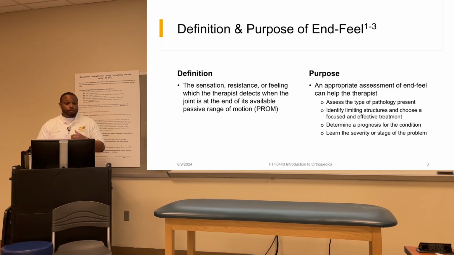It also helps you determine a prognosis for the condition, and it helps you learn the severity or stage of the problem. So assessing the end-feel in conjunction with passive range of motion has its place in examination, differential diagnosis, and prognosis.